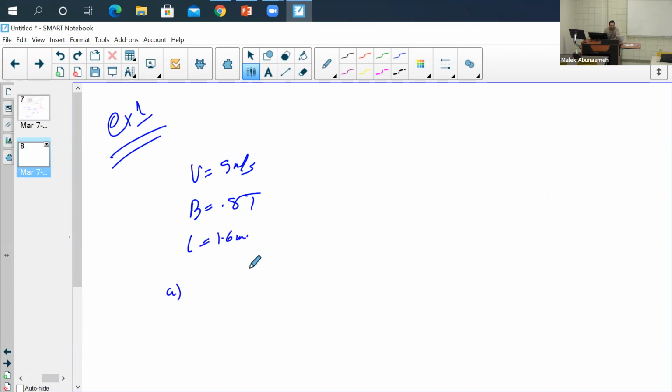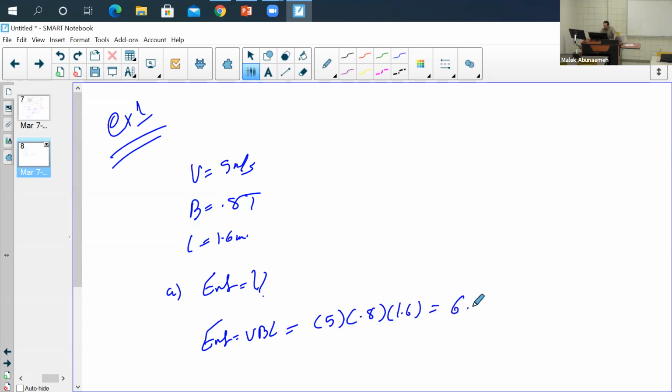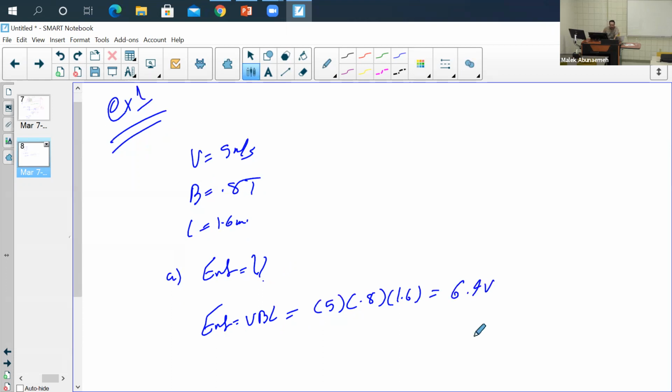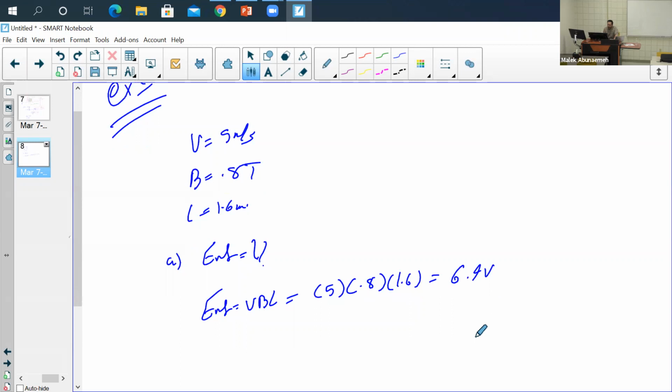For part A, we want to find the EMF, which we said is going to equal your vBL: your velocity of 5 meters per second multiplied by your 0.8 Teslas multiplied by your length of 1.6 meters. Plugging that in, we should get 6.4 volts.